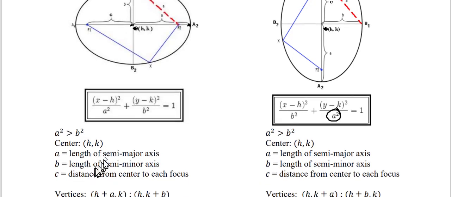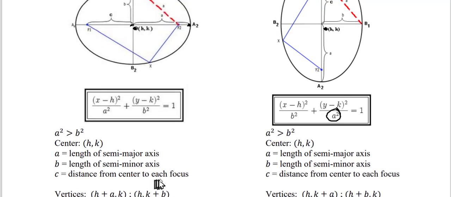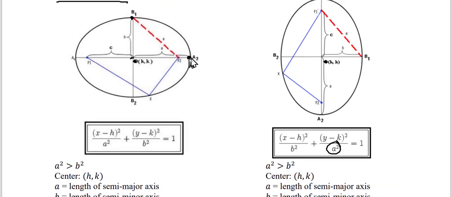Okay, here's the information. These are identical over here. The difference is the vertices. When we're talking about vertices, you are talking about these points here at the edges. So you take the center, the h, and add a to it and subtract a.